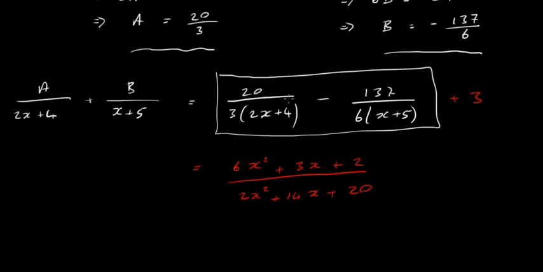Now these two fractions added should give me the minus 39x minus 58 over 2x squared plus 14x plus 20.